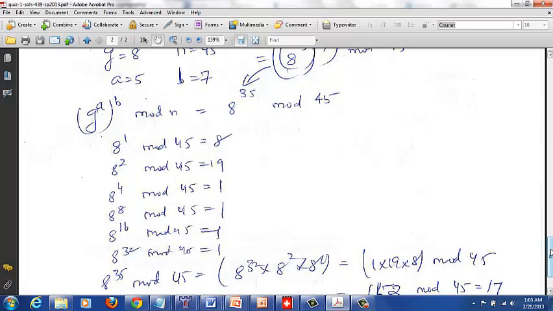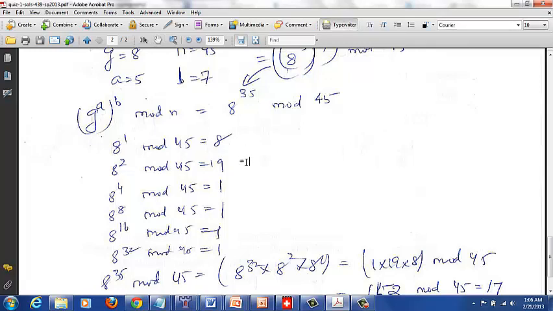Alright, so 8 to the 1 is 8, 8 mod 45 is 8. 8 square is 8 times 8 mod 45, so it's 64 mod 45, which is 19. 8 to the power 4 is 8 square times 8 square, so 19 times 19 mod 45.